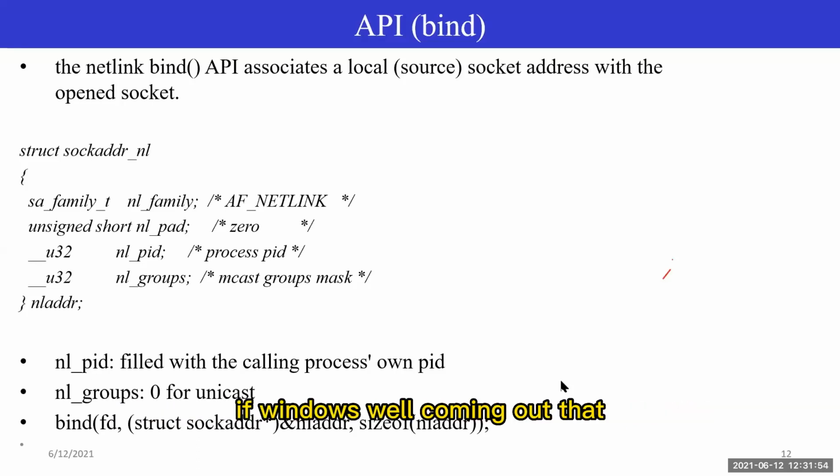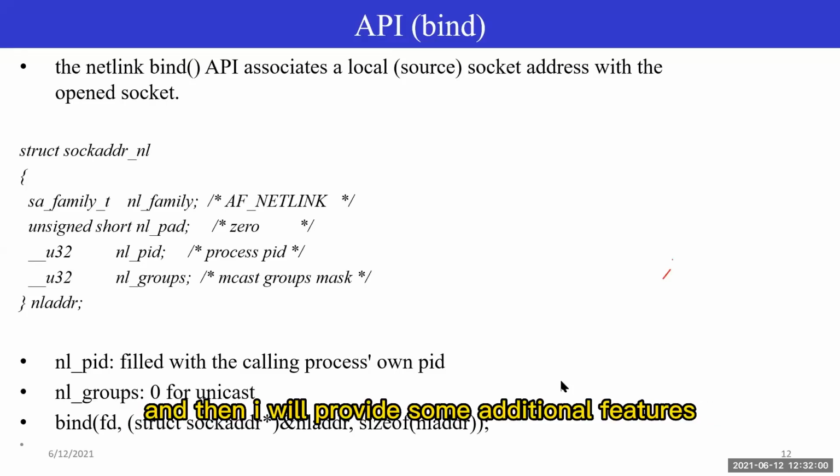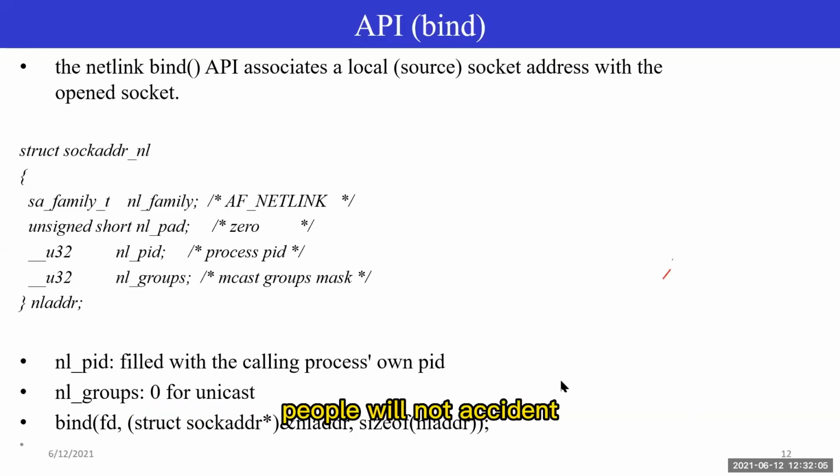If Windows 12 came out and you would miss some key features of Windows 10, people would not accept it. So I am not sure if IOCTL is robust compared to Netlink.